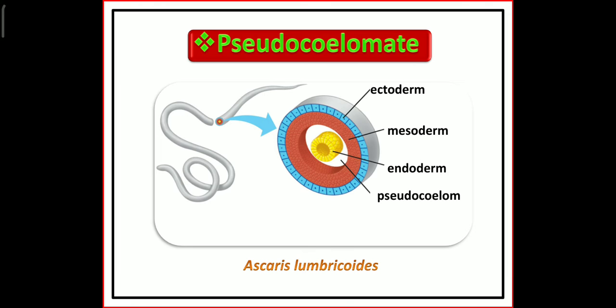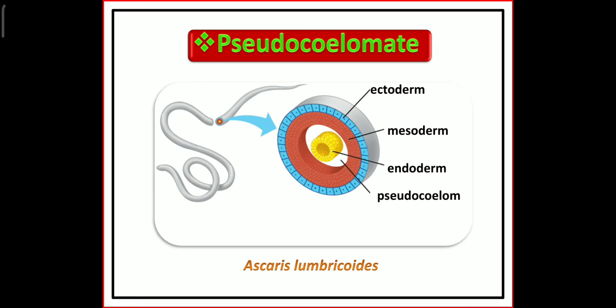Now the pseudocoelomate animals. In the embryonic stage of these animals, mesodermal cells line the outer edge of the blastocoel. If you look at the figure here, you can easily understand that during the embryonic stages, the blastocoel's outer edge is covered with mesodermal cells.